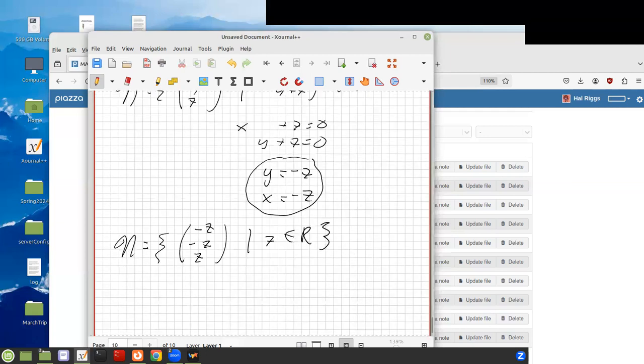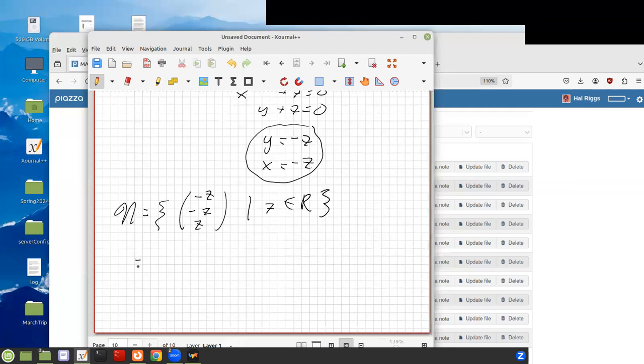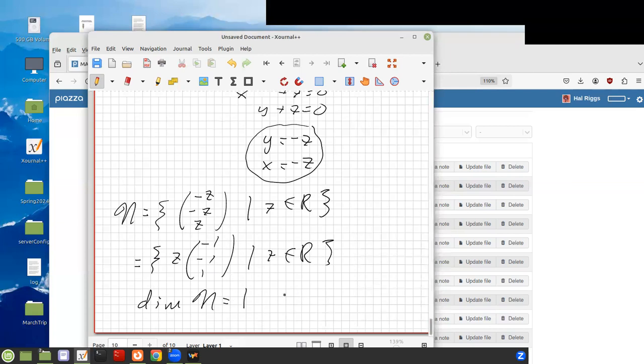We can factor out the z here, the free variable, to get z times minus 1, minus 1, 1, such that z is a member of R. And you can see that this one vector provides a basis for the null space, so the dimension equals 1, because we have one vector, and therefore the nullity of the map M equals 1.